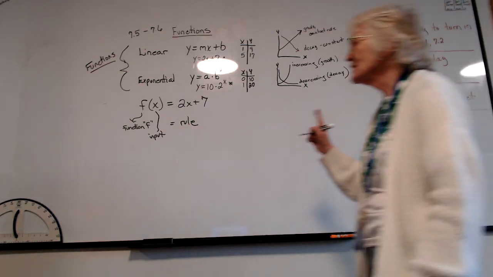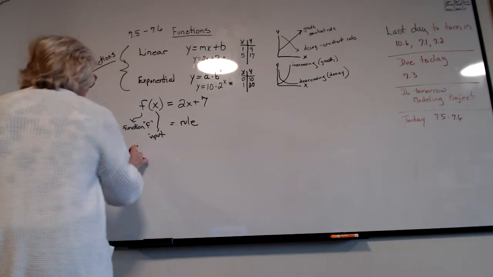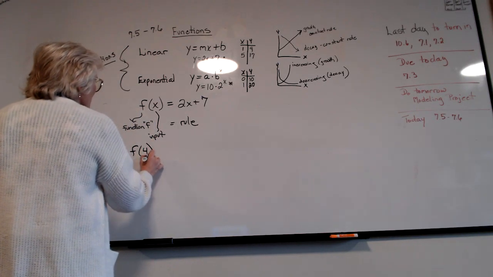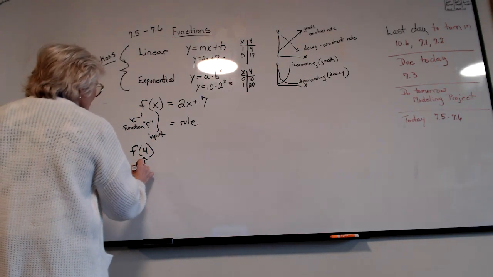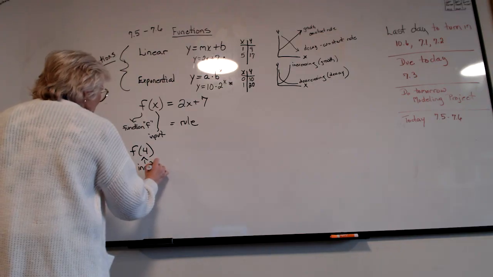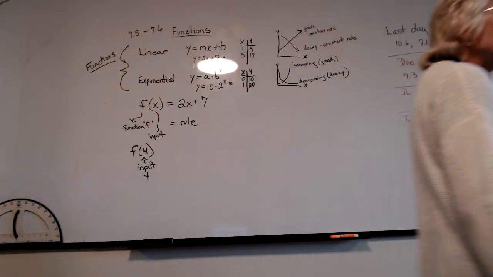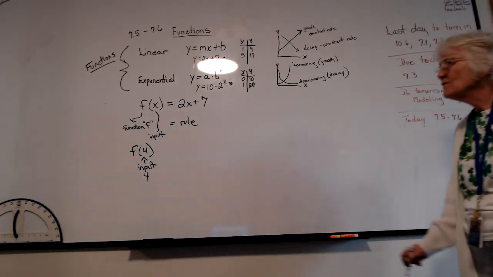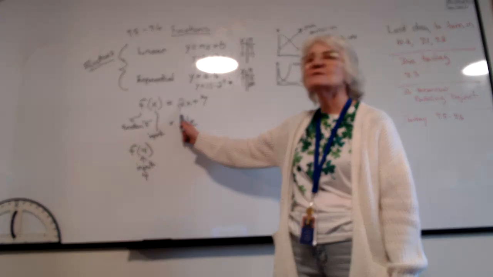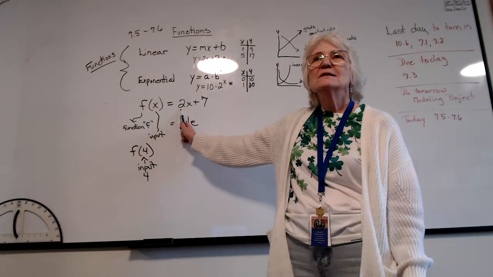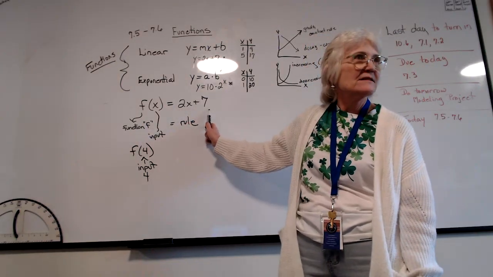So let's just do it like this. F of 4, that says input 4. Okay, we are going to put 4 in. What are we going to do with 4? Our rule says we're going to multiply it by 2, and then we're going to add 7.